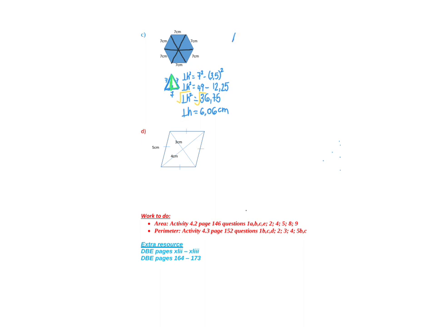So the area for this would have to be 6 times half the base times perpendicular height. Okay, so that would be 6 times base, in each it is 7, and the perpendicular height as calculated is 6.06.